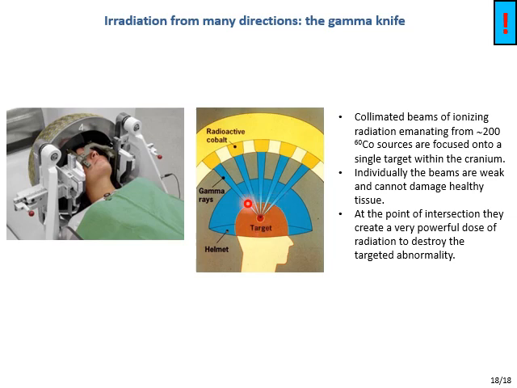On the other hand, since the individual beams are relatively weak, the healthy tissue surrounding the tumor will not be damaged to a large extent because the healthy tissue is only affected by a single relatively weak beam. Therefore, the healthy tissue is preserved and only the tumor is targeted specifically. And actually, the word knife in the name of this technique implies that it is almost as accurate as the knife or the scalpel of the brain surgeon.